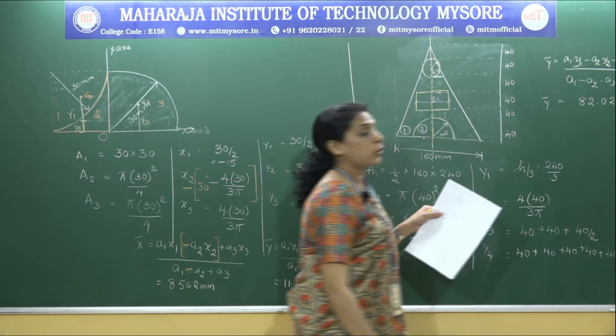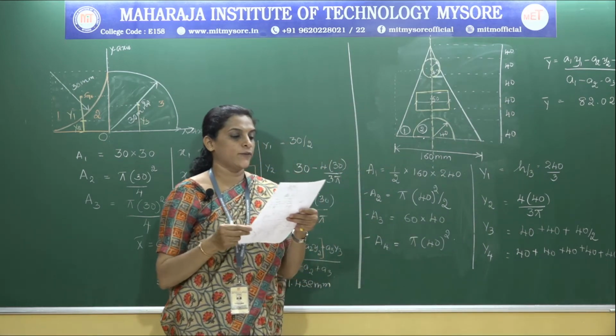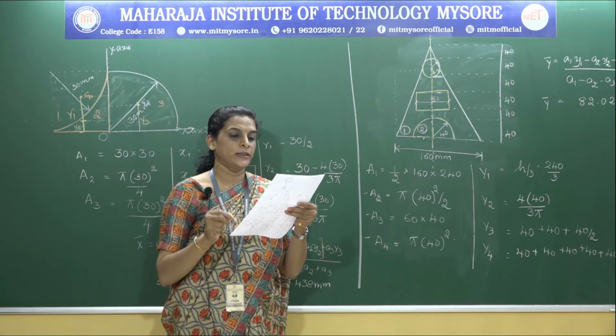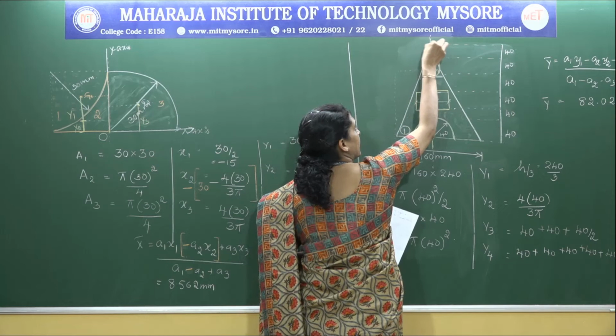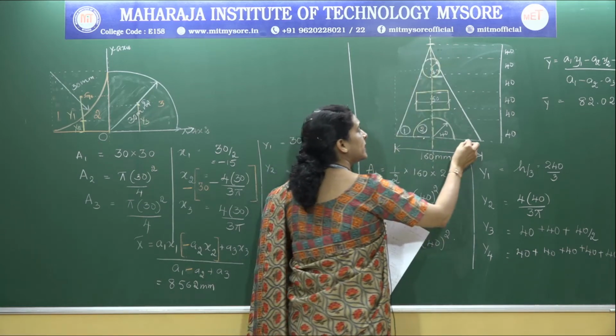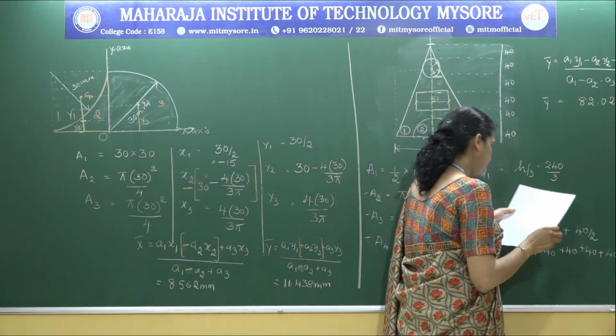But in the question they have mentioned to determine the centroid of the shaded area with reference to the apex. So, this is the reference apex, right? So, what is the overall height? It is 240 mm.